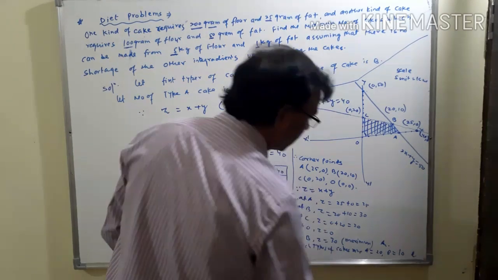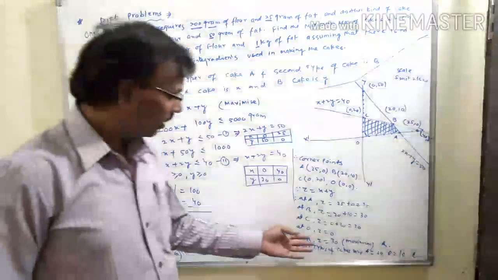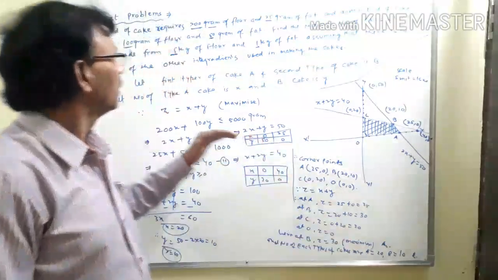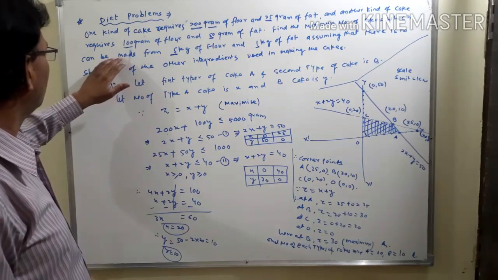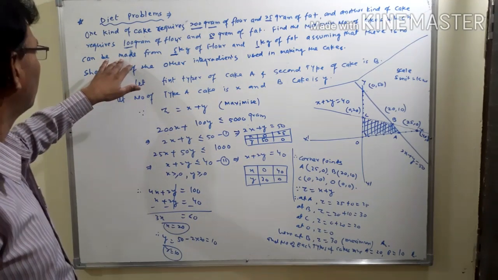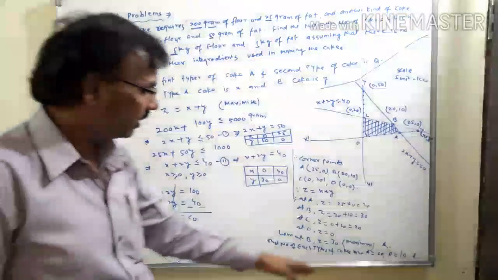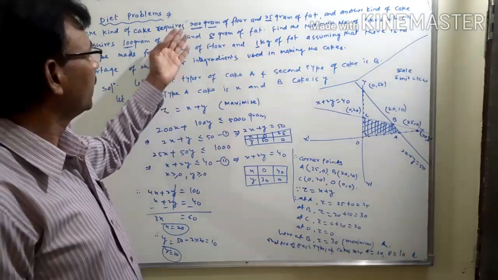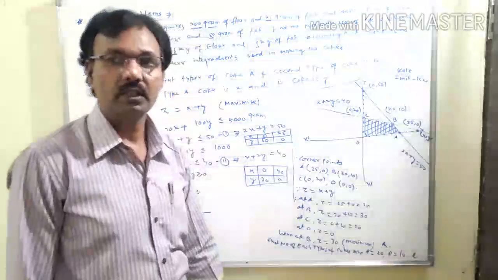This is the second answer. That means we have found the maximum number of cakes that can be made from 5 kg of flour and 1 kg of fat is 30, in which the number of A type cakes will be 20 and the number of B type cakes will be 10.